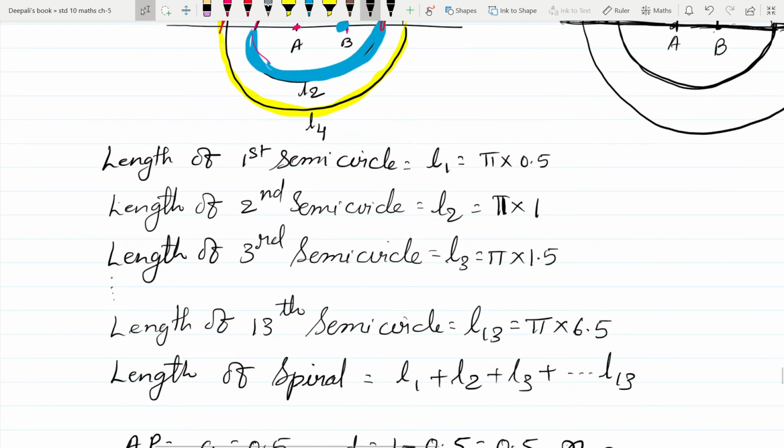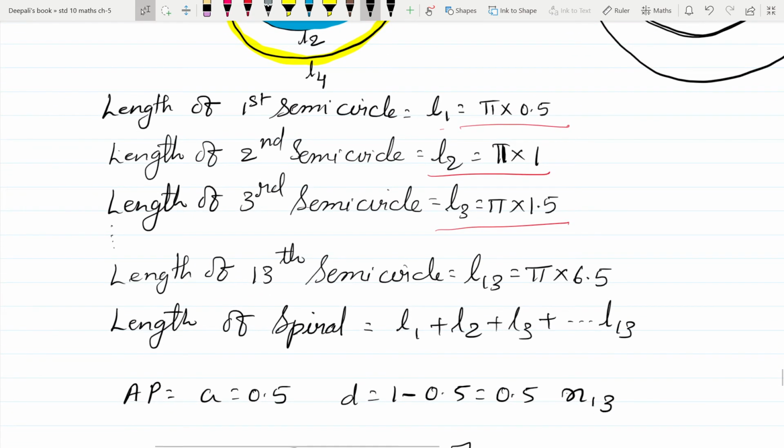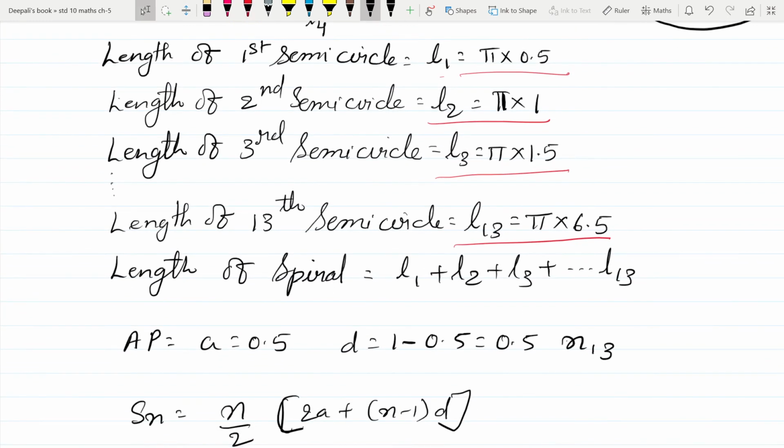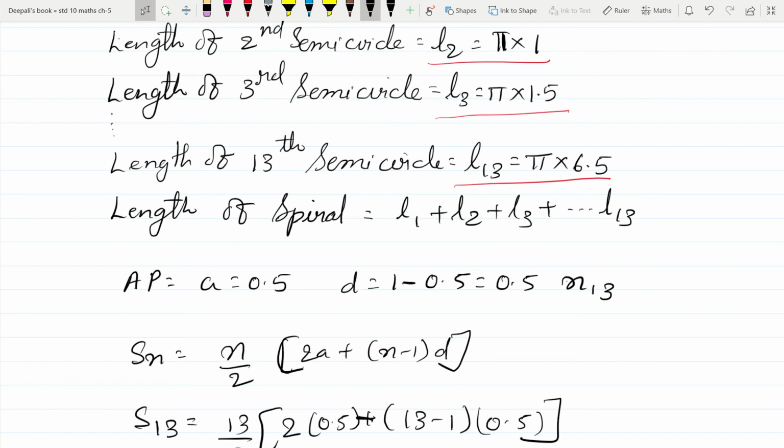So L1 will be pi into 0.5, L2 pi into 1, L3 pi into 1.5. L13 will be pi into 6.5. Now the length of the total spiral will be L1 plus L2 plus L3 till L13. Now AP is, a is equal to 0.5, d is equal to 1 minus 0.5, that is 0.5, and n is 13.